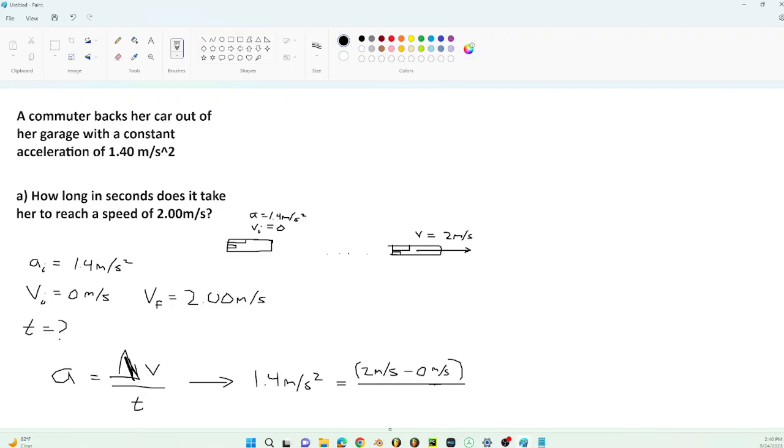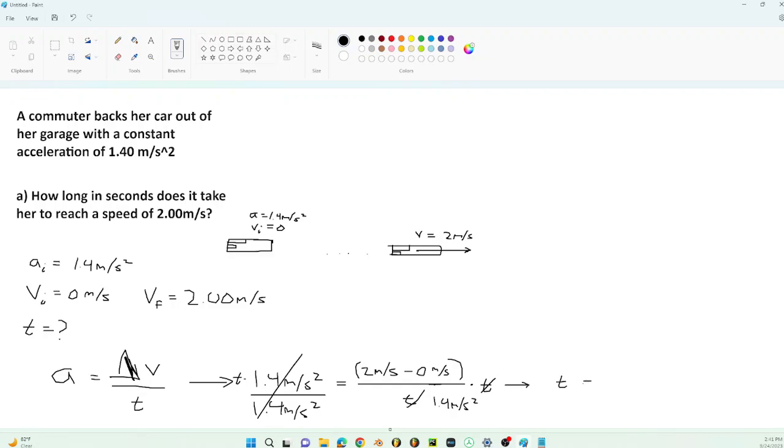And this occurs over this period of time, which is unknown. So we use some algebraic manipulation. We multiply both sides by t, get rid of this, and divide both sides by 1.4 meters per second squared. We arrive at this final equation.